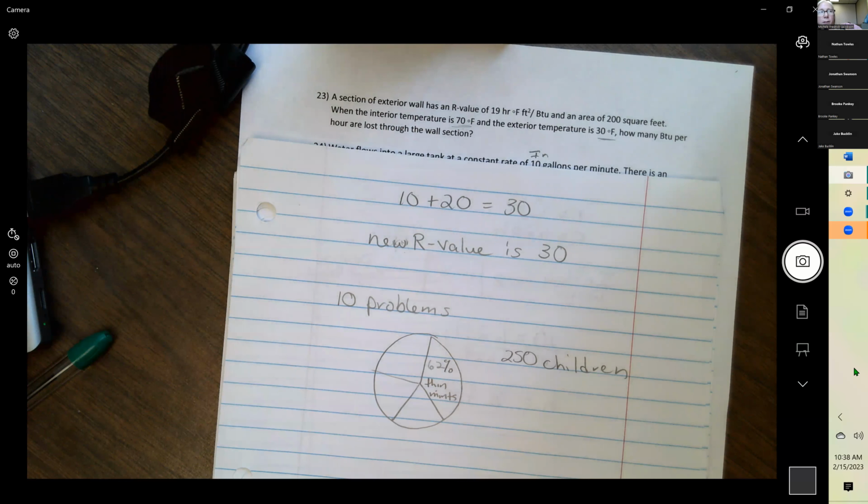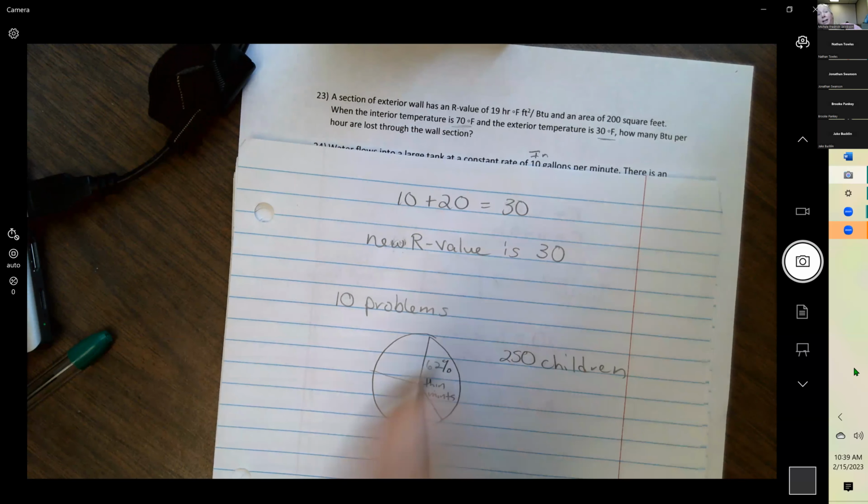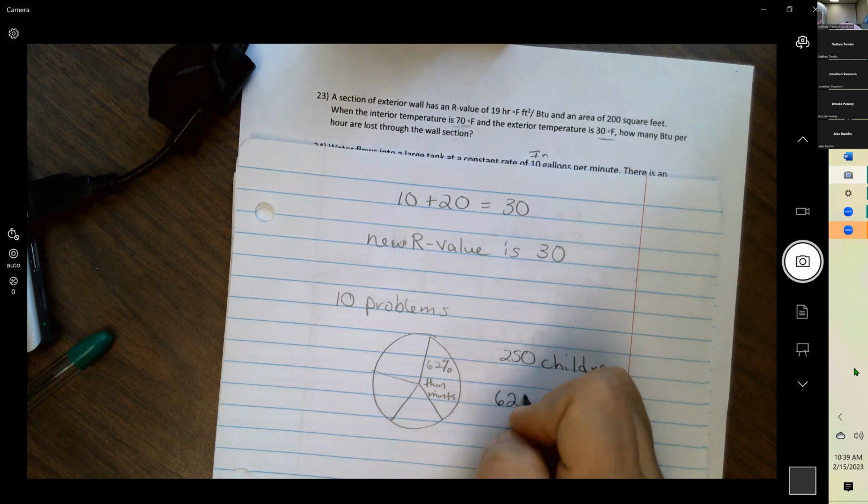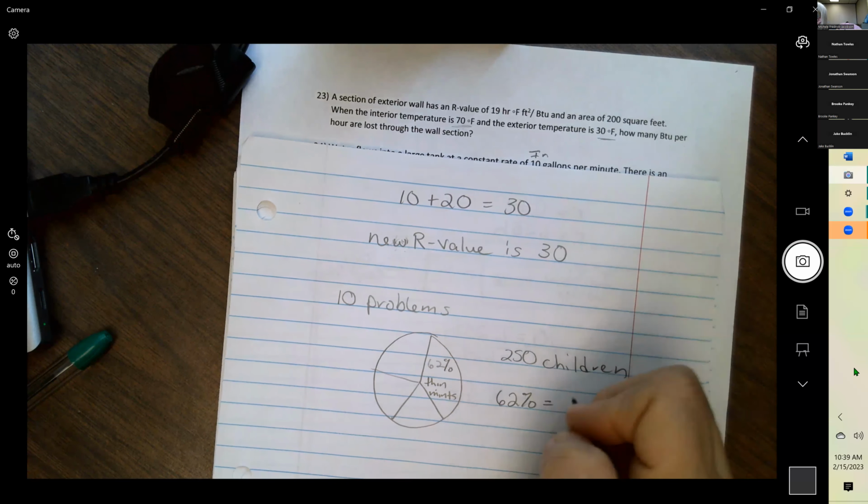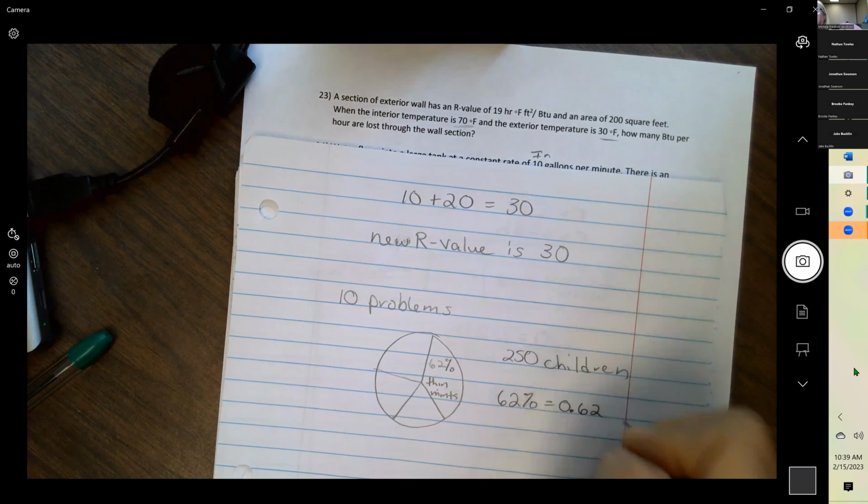So 62%. The importance of this problem is, one, remembering what do we have to do with that percent before we work with it? Change it to a decimal. Exactly. 62% divided by 100 is 0.62.